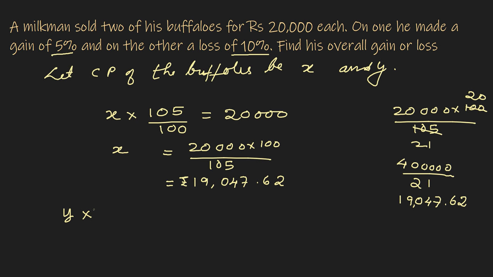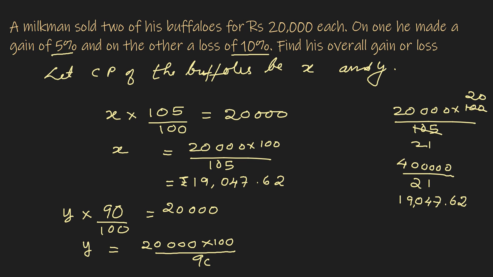Now take the cost price of the second buffalo, that we took as Y into, since it is a loss of 10%, you have to subtract 10 from 100, that is 90 by 100 gives you the selling price, that is rupees 20,000. So in this case, Y you can write as 20,000 into 100 by 90. Do yourself. What will you get?